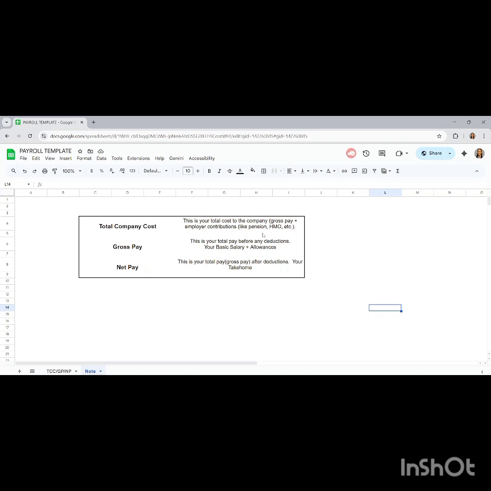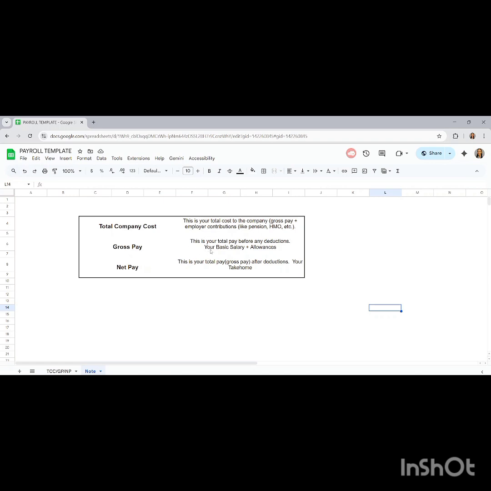So all the costs that the company is making on each of their employees, that's what we call the total company cost. The employer contribution can include the pension, HMO, life assurance and all of that. So that goes into the total company cost.